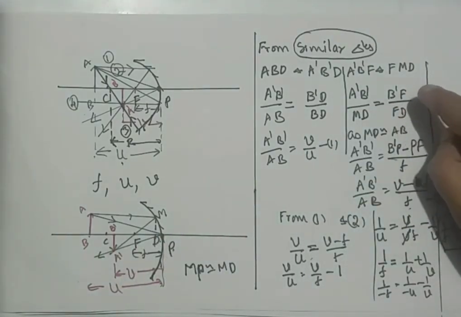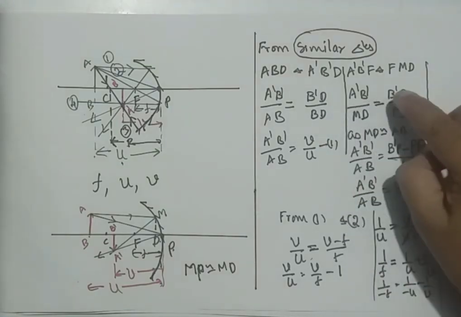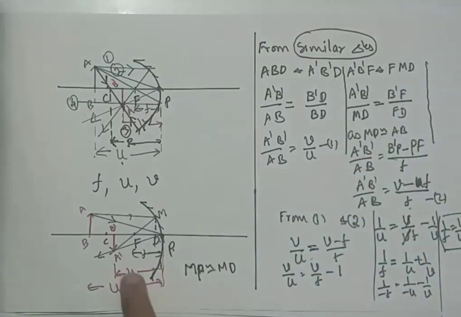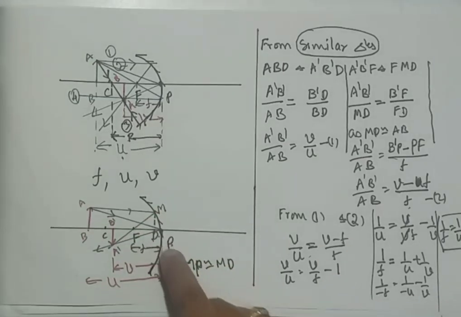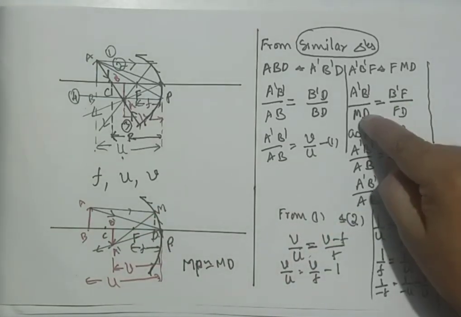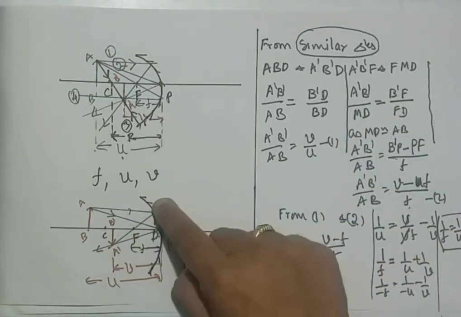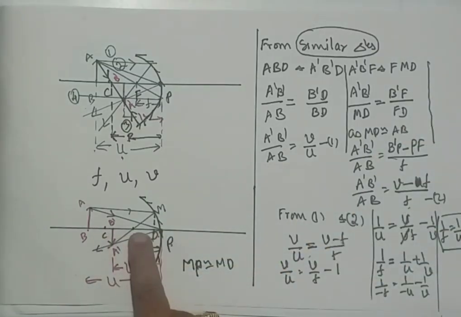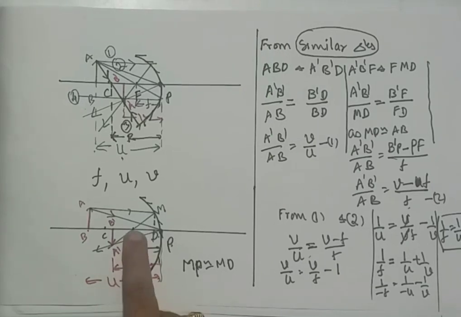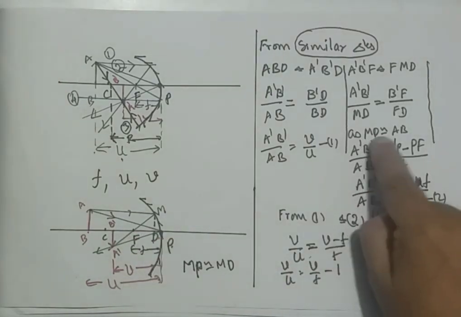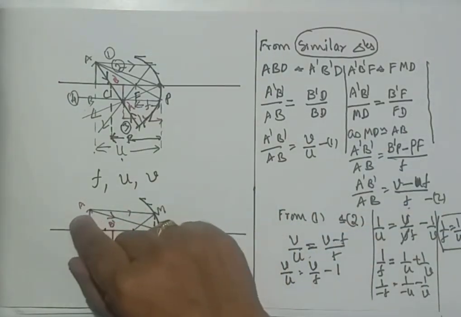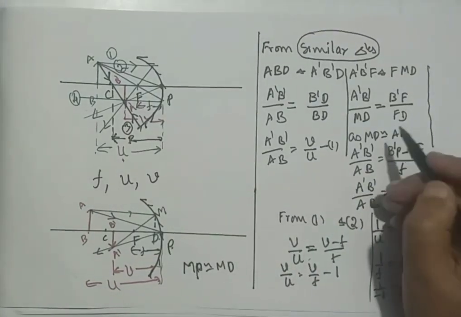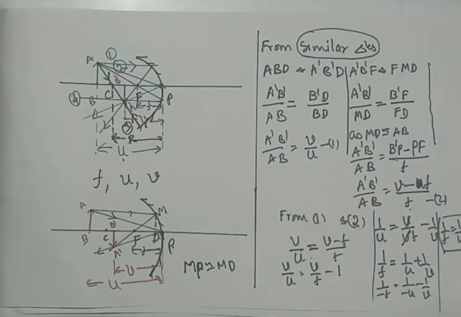In the same manner, say in the another triangle A dash B dash F, FMD, we can write A dash B dash by MD, and B dash F divided by FD. But MD is approximately equal to AB. MD is equal to AB.